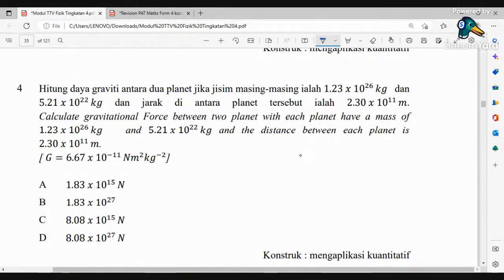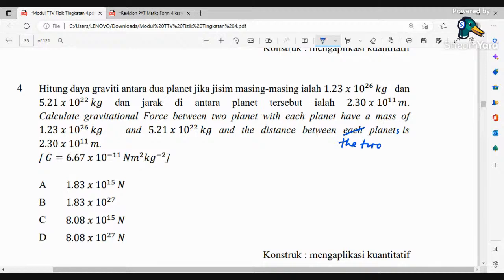Number 4, calculate the gravitational force between two planets. Each planet has a mass as given, and the distance between the two planets is 2.3 times 10 to the power 11. Here G is given, the universal gravitation constant.